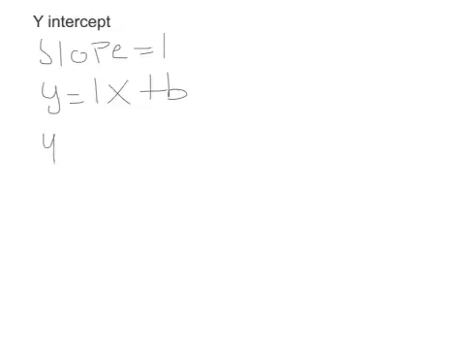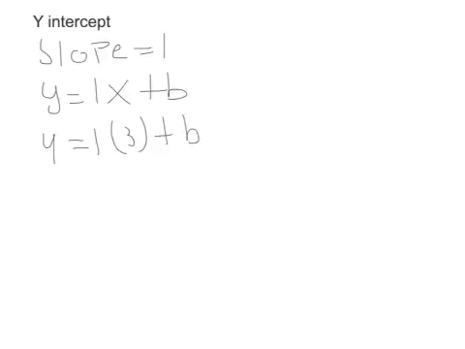So now we're going to find the y-intercept again. So we have our slope, that is 1. So now we're going to substitute again, because now we have y equals 1x plus b. So we substitute y with 4, and x with 3, just as our point A. So we have 4 equals 1 times 3 plus b.